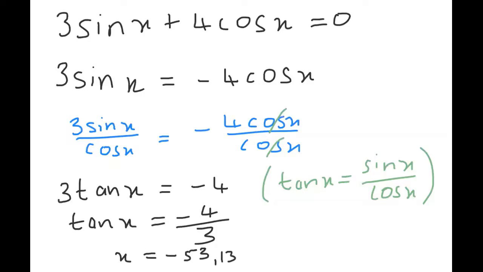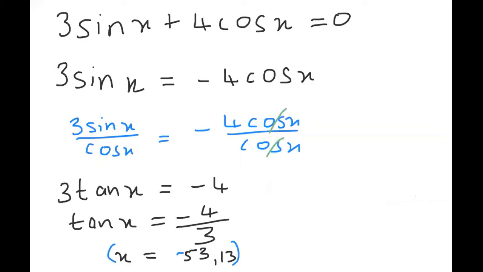But that's not a nice angle. So let's drop the minus for now. That's not the answer that we want at this stage, so don't write it down like this. Just keep it in mind. It is minus 53,13, but let's see if we can do something about it.